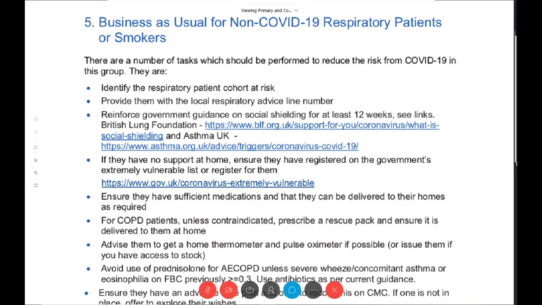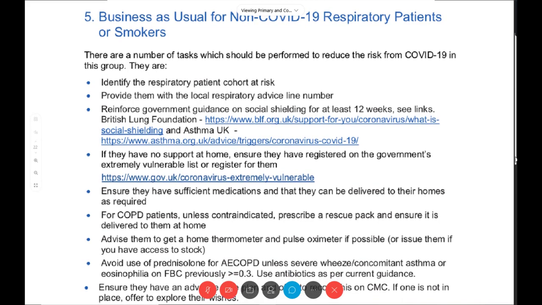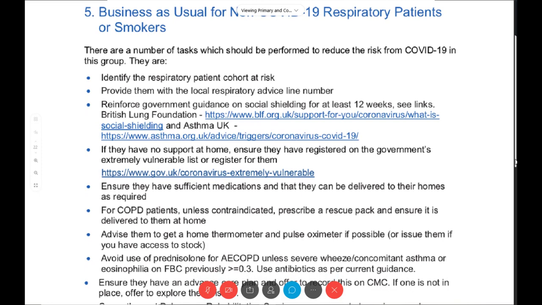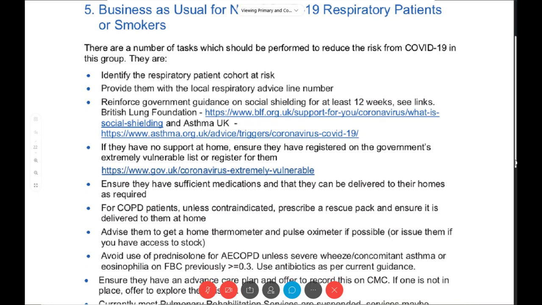So they may have Zoom classes where patients Zoom in and do pulmonary rehabilitation over the internet. They will be given access to exercise videos and YouTube videos about how to maintain activity at home.